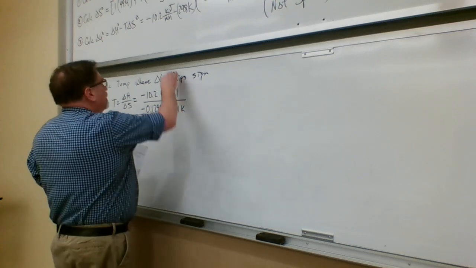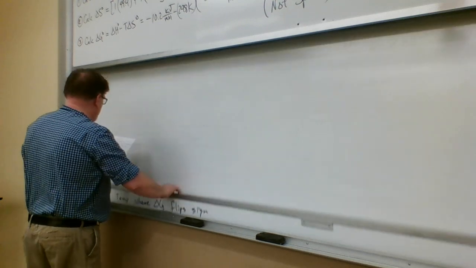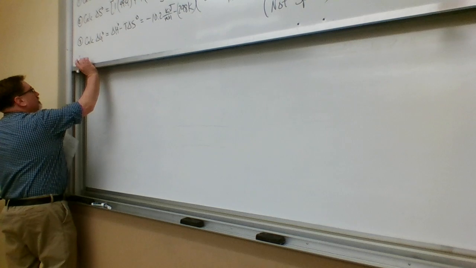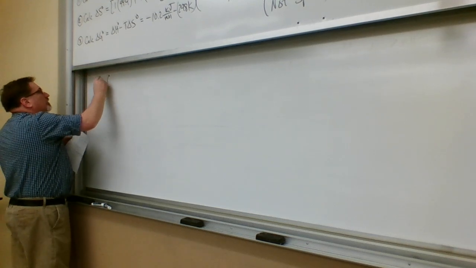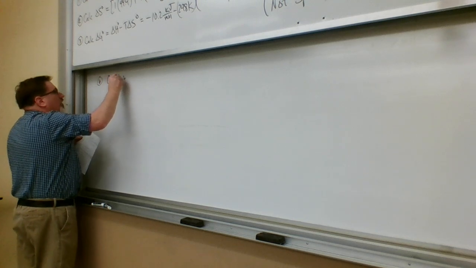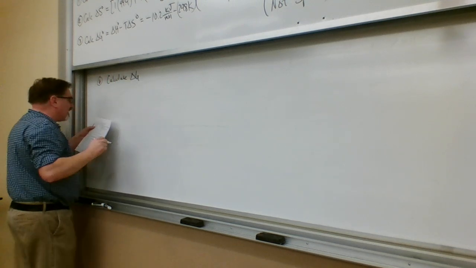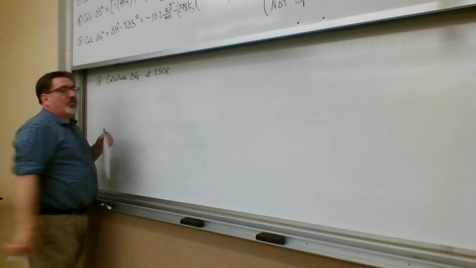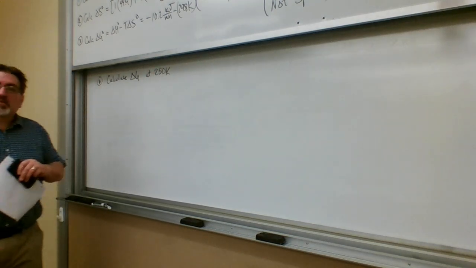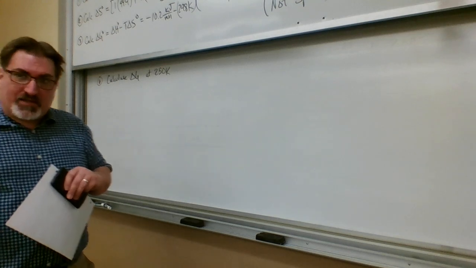So next up, this will be part 6. Calculate delta G at 250 Kelvin. So now we're getting away from a temperature that's standard conditions, right?